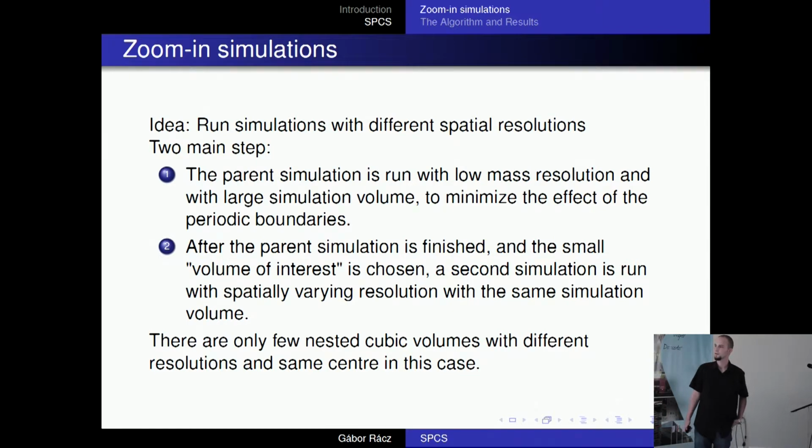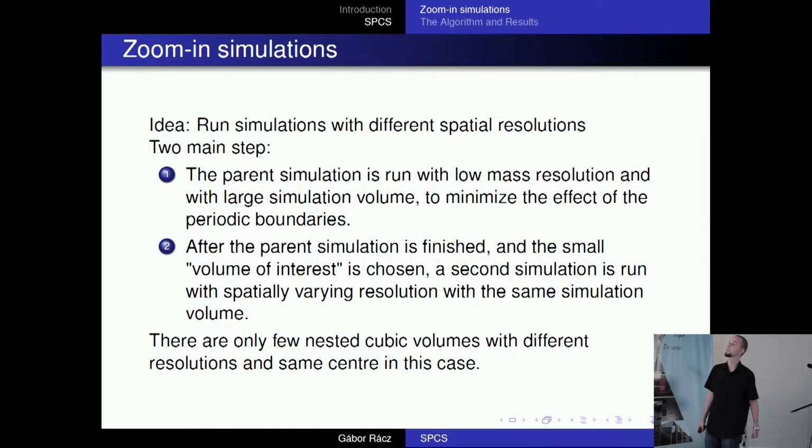And if we choose this, we run a second simulation with spatially varying resolution with the same simulation volume. So we have a big simulation box. The large portion of it has a low resolution, and we have a small volume with very fine resolution. This is the basic idea, and there are only a few nested cubic volumes with the same center in this case.